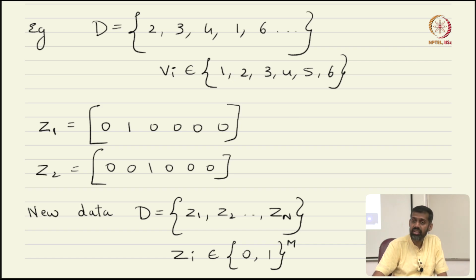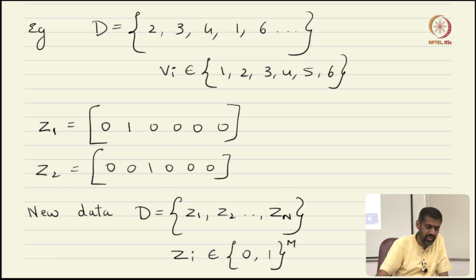All Zij take value 0 or 1, such that Zij is 1 only for that j for which Vi is Aj, and 0 otherwise. Make sense? Had I only written the abstract form and not given an example, it would have been difficult to understand, is it? That is a very subjective opinion, right? Anyway, you got it.